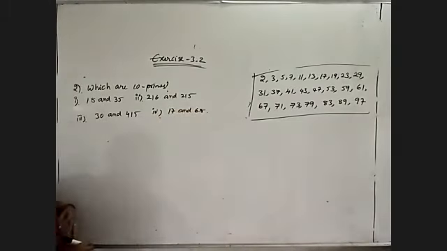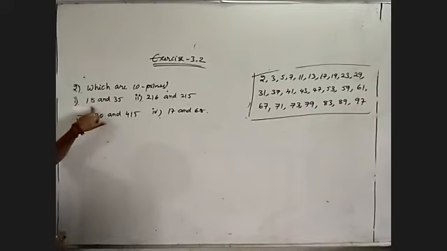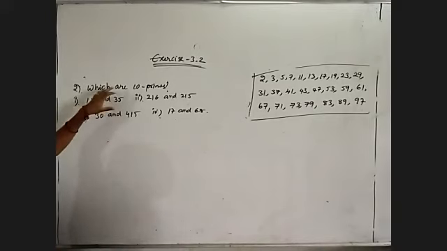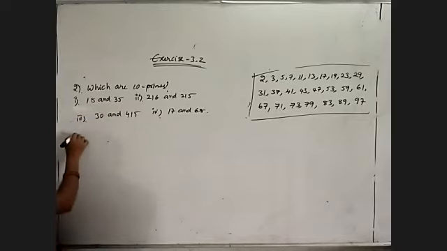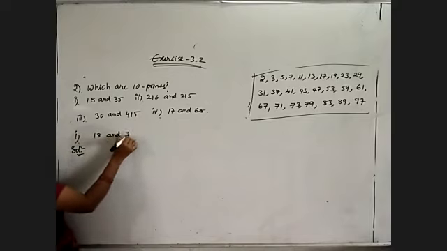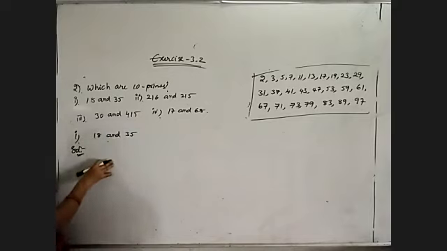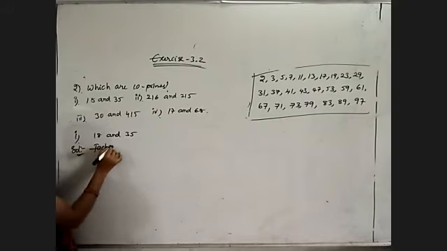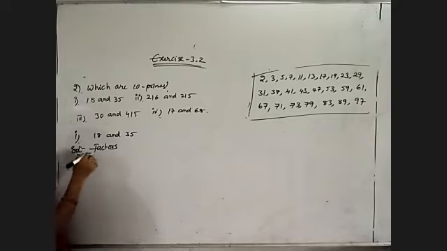Observe what I told you: co-primes must have only 1 as a common factor. So 18 and 35. Check the factors of 18 and 35. I am explaining in two ways; only this first question I will explain, the remaining I will write later.